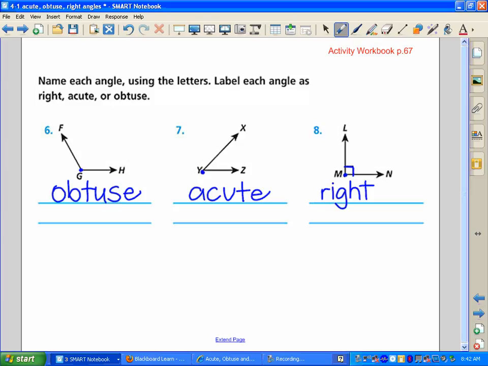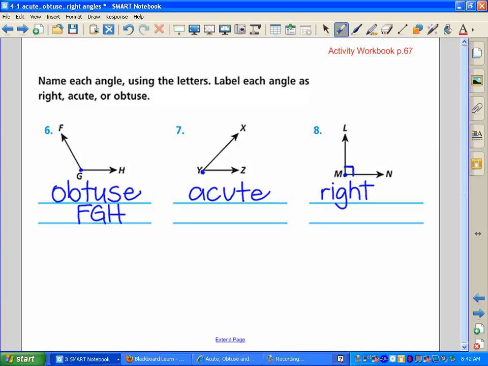So, if I was going to write the angle for number 6, I normally start off at the top one. So what would the top be? F. Then I tell the middle, where we put the dot, G. And the last letter, H. Right now this just looks like a clump of letters to me.